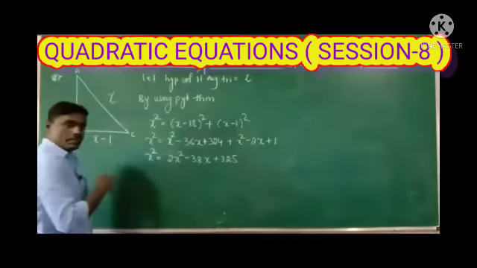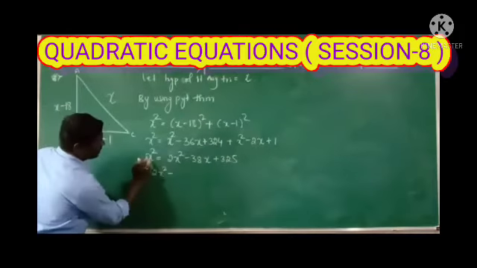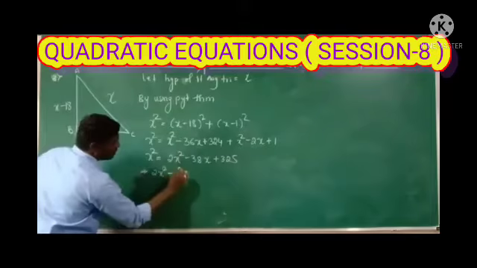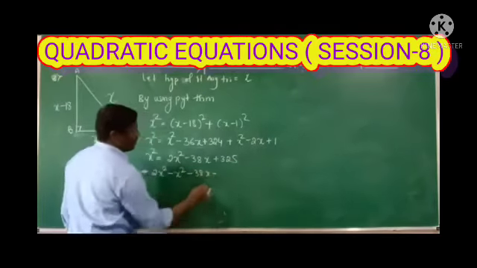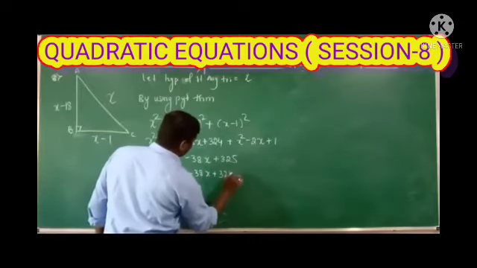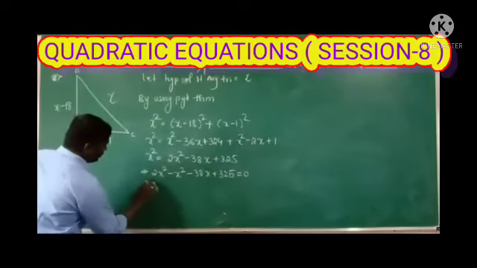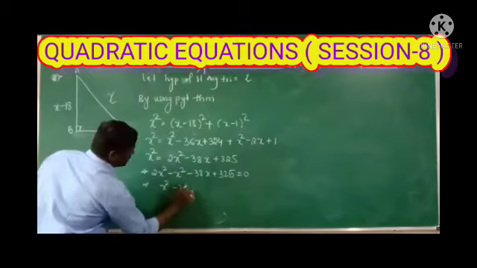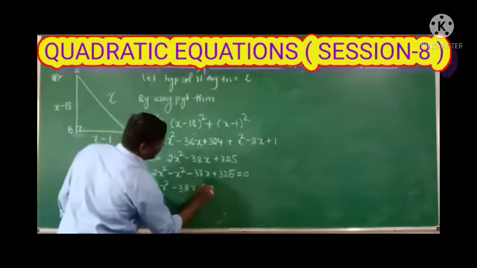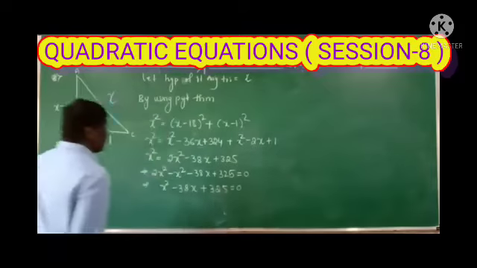Now take all these terms to one side. Take this x square to the RHS side, it becomes 2x square minus x square, which is x square minus 38x plus 325, which is equal to 0.